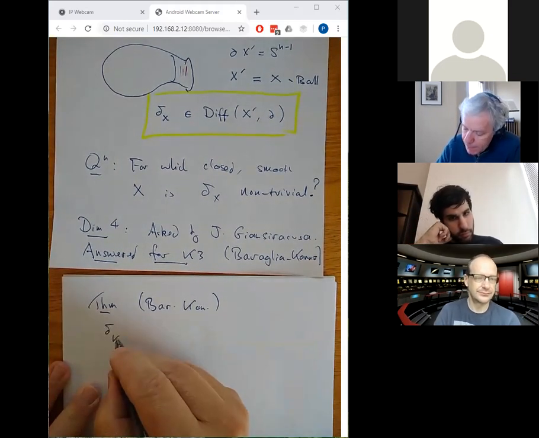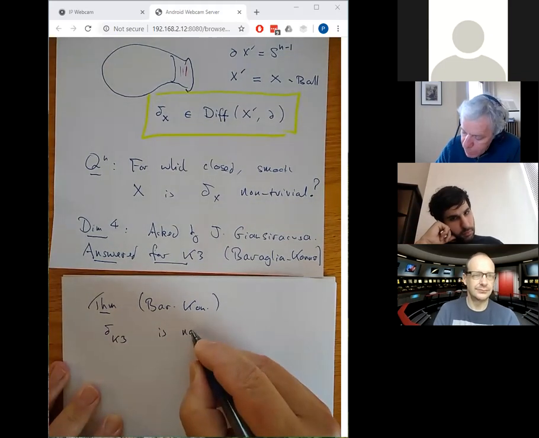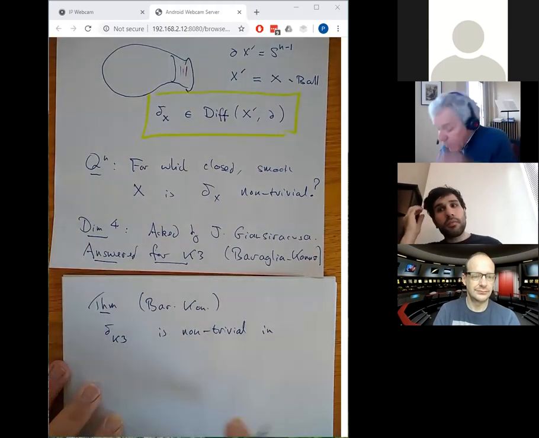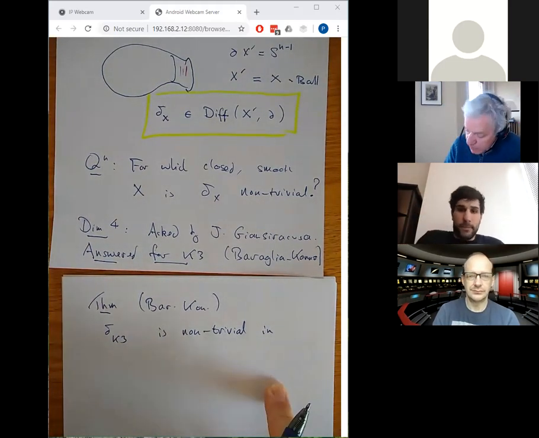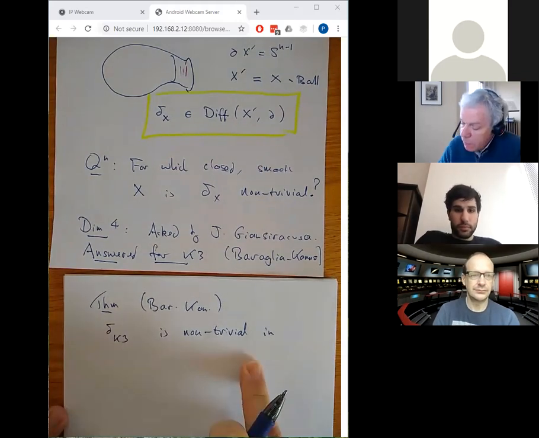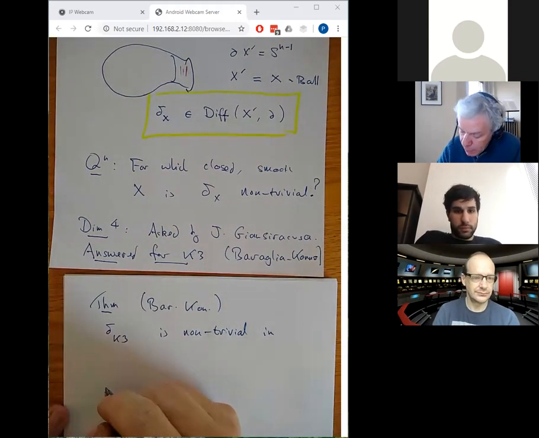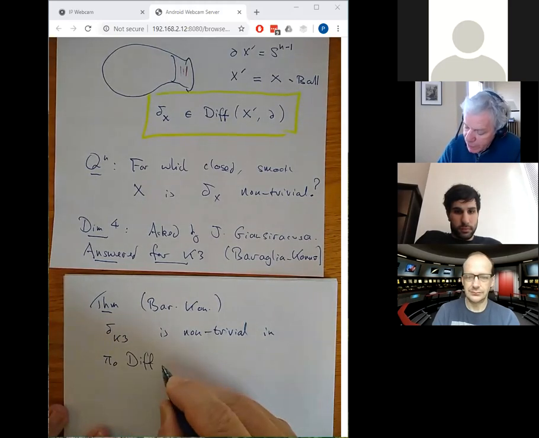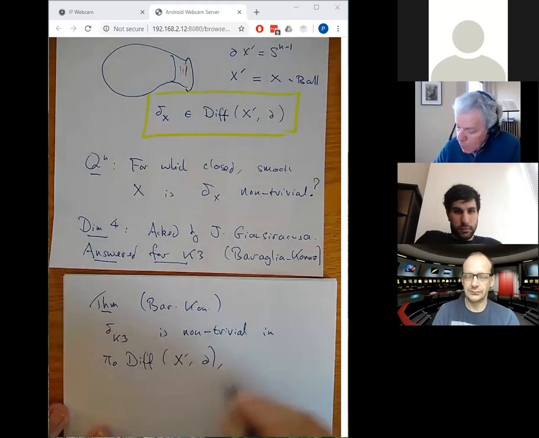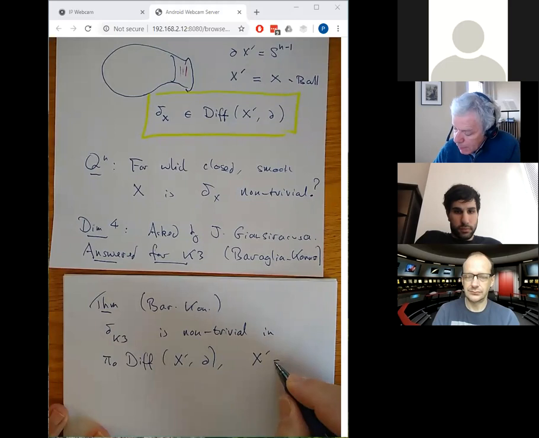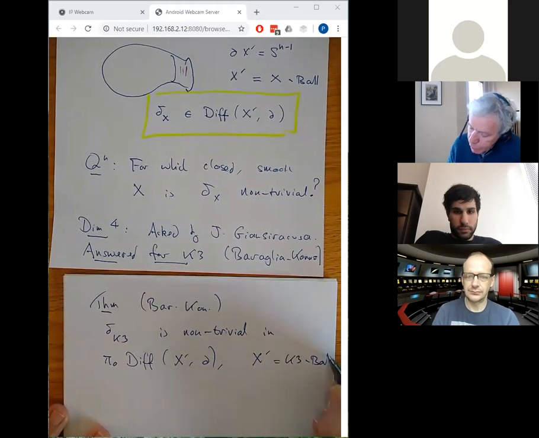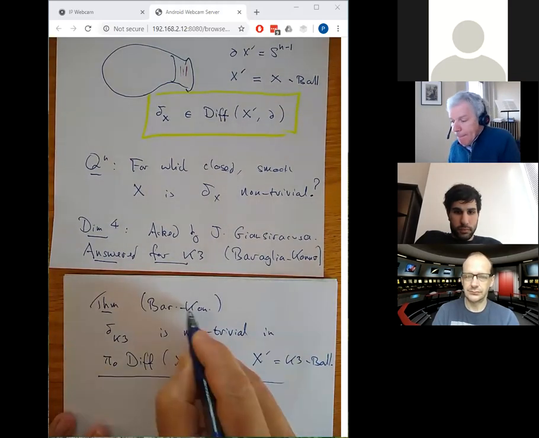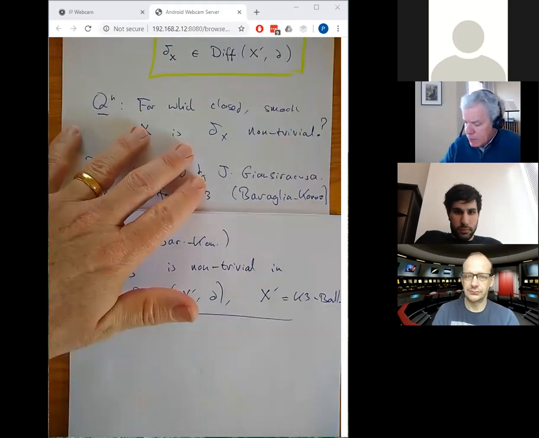Delta K3 is non-trivial. This isn't actually the wording of their theorem at all, but it's essentially equivalent. This diffeomorphism is non-trivial in pi 0 of the diffeomorphisms of X primed rel boundary, where X primed is K3 minus a ball. And that's 2019, I think.